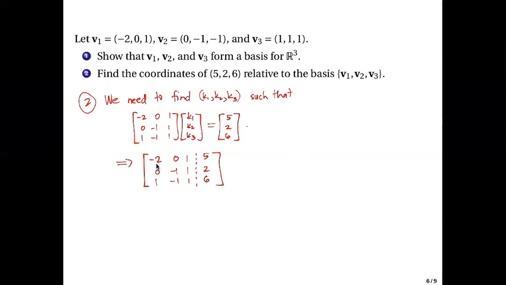So we want to get the identity matrix on this part, and whatever result on the right side here, then those are the coefficients, K1, K2, and K3. So we still need all those knowledge that we've learned from chapter 1.